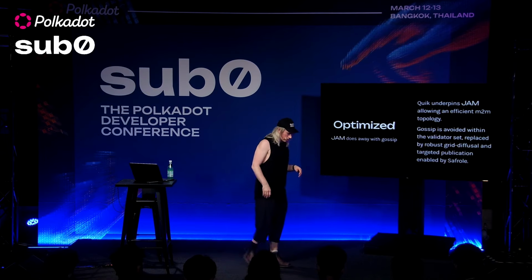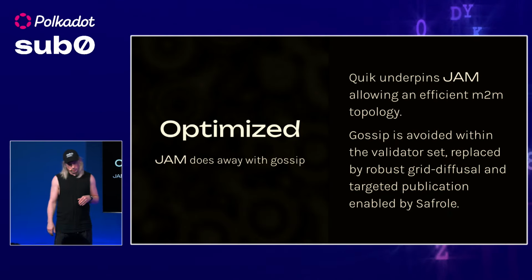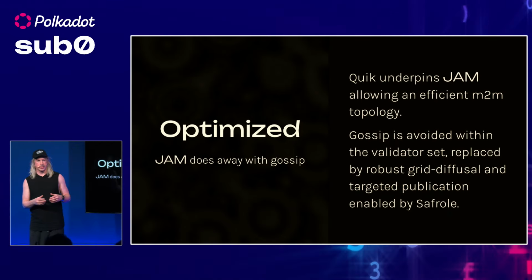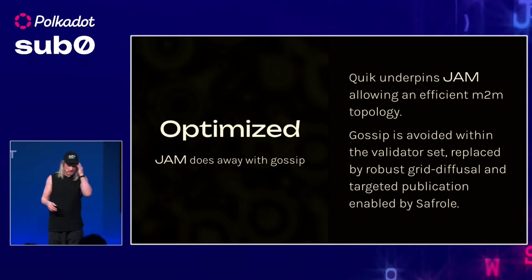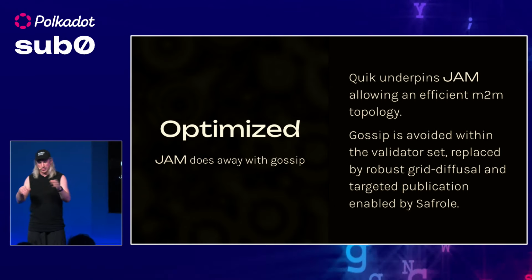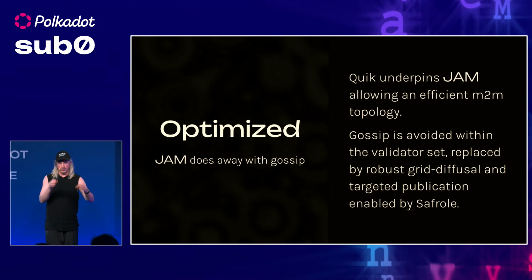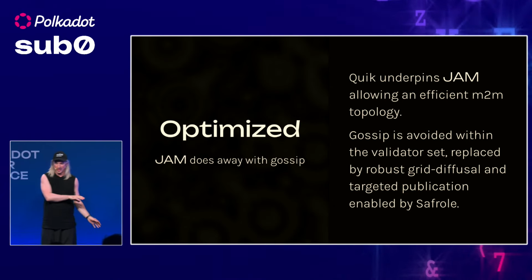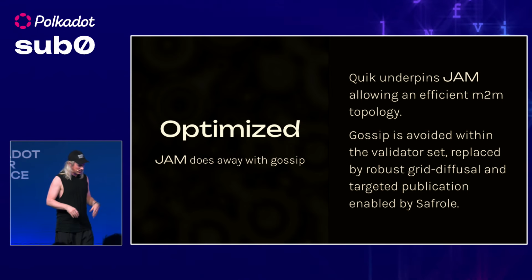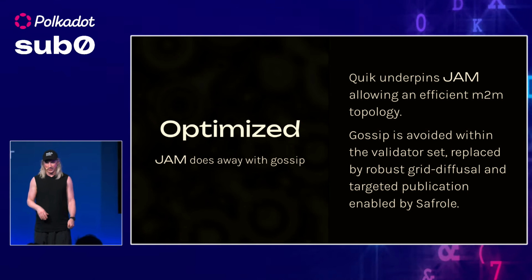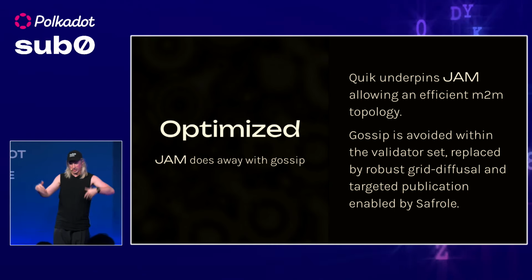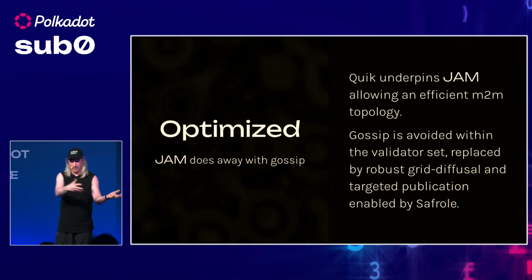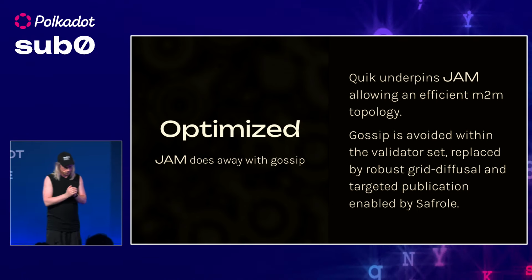Now, Jam's design: the great thing about doing Jam is that the hard bits are already done, right? The hard bits are things like distributed availability and managing the security for the computation, secure computation of PVM, this input to output, these roll-ups basically.